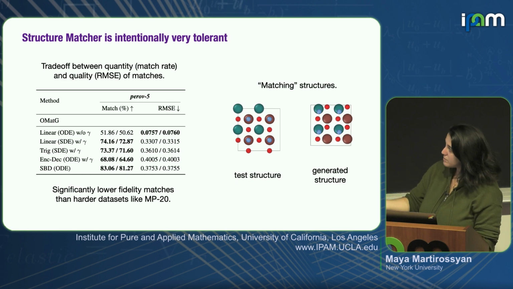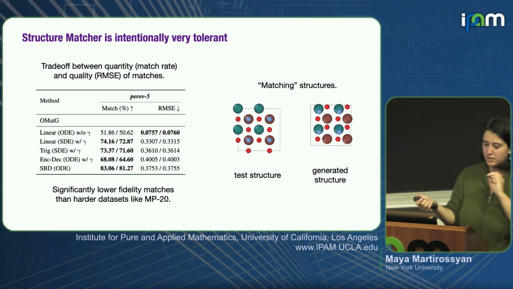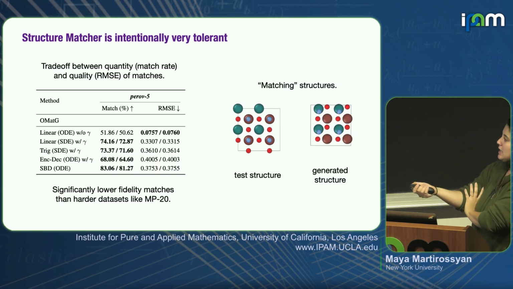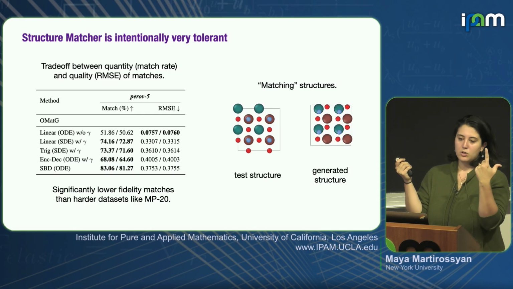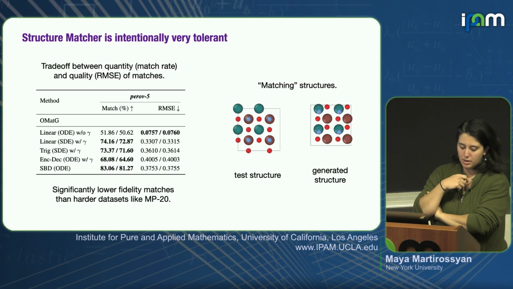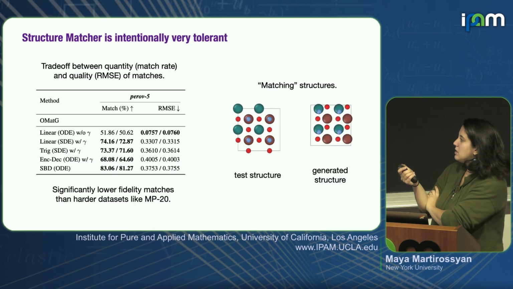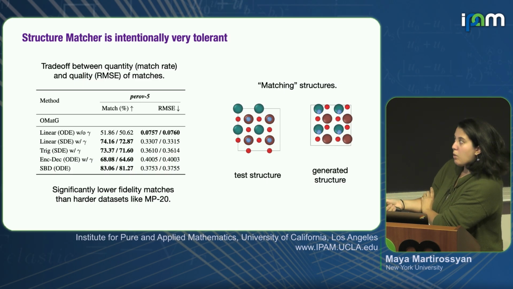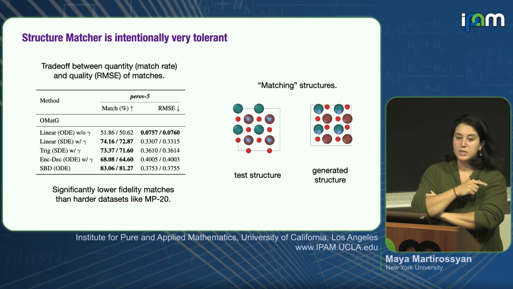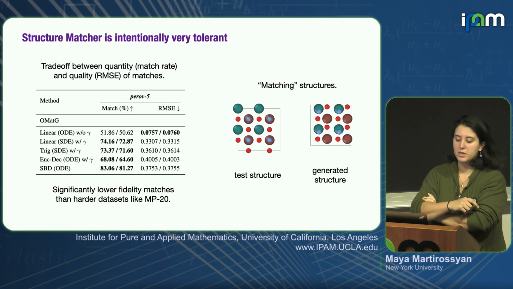So I guess just a few words on what helped us go in this direction. I mentioned this Perovskite 5 dataset, the one that had all cubic lattices with 5 atoms in the unit cell, hence the 5. And what we noticed is a really big trade-off between the quantity of matching structures and the quality of them.